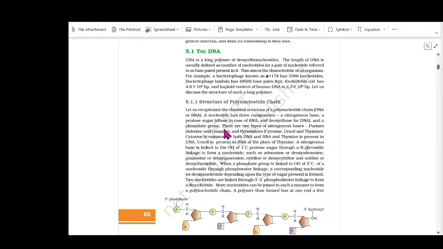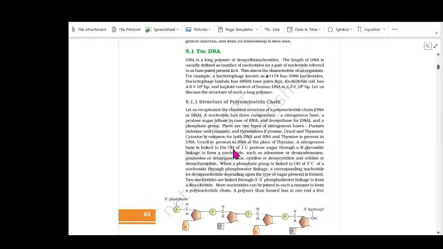There are two types of nitrogenous bases: purines, for example adenine and guanine, and pyrimidines, for example cytosine, uracil, and thymine. Cytosine is common for both DNA and RNA, and thymine is present in DNA. Uracil is present in RNA in place of thymine.